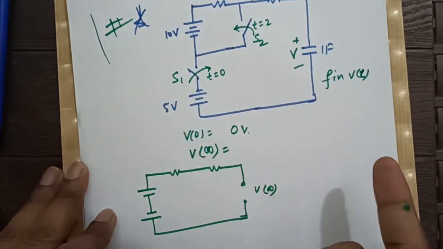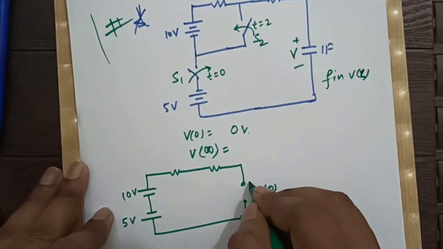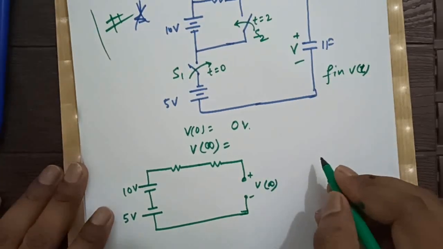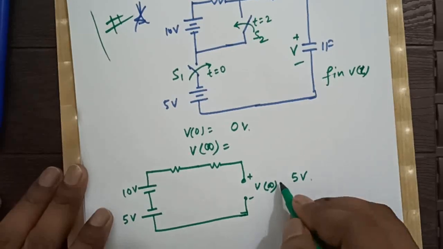When switch S1 was closed, this is 10 volt and this is 5 volt. So what will be the value of V infinity? V infinity will be nothing but 5 volts.